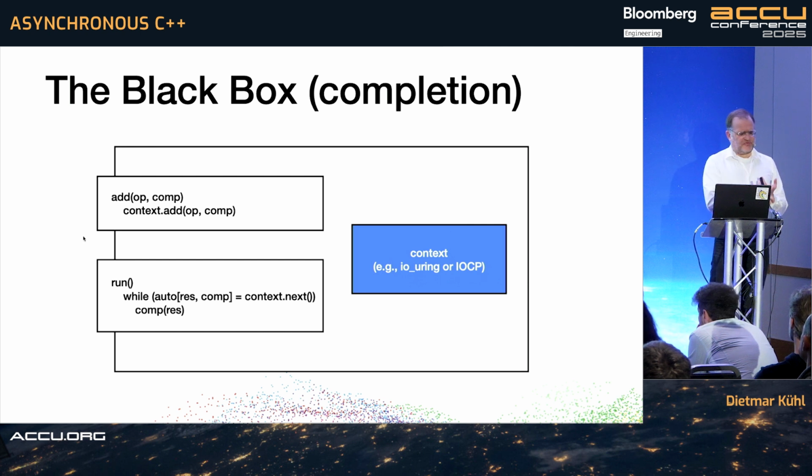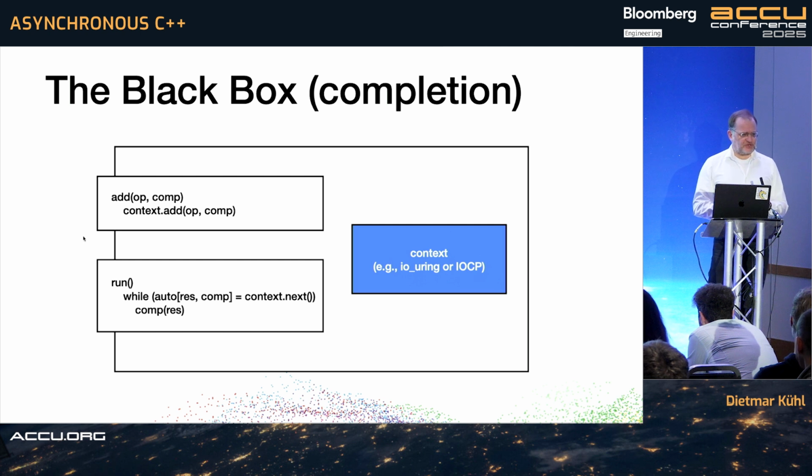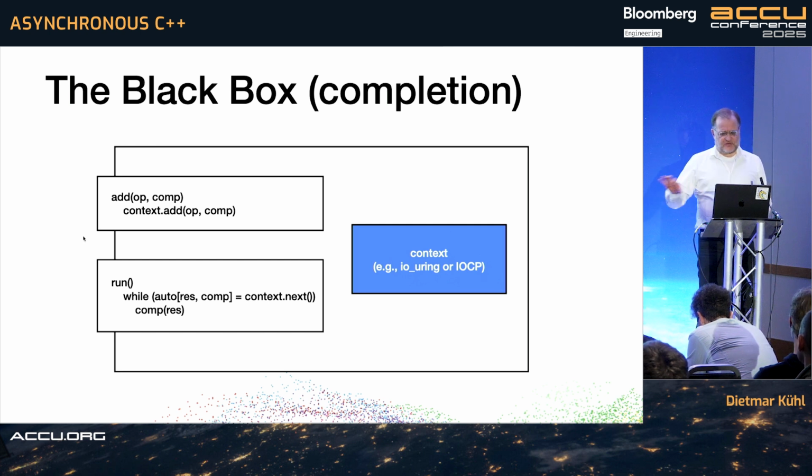This happens, for example, for io_uring, where you basically schedule work onto the entity, and the system informs you effectively via some kind of a queue where complete work emerges. That work is now complete. Same is true for way longer than io_uring for IO completion ports on Windows. io_uring is Linux only, and IOCP is Windows only.